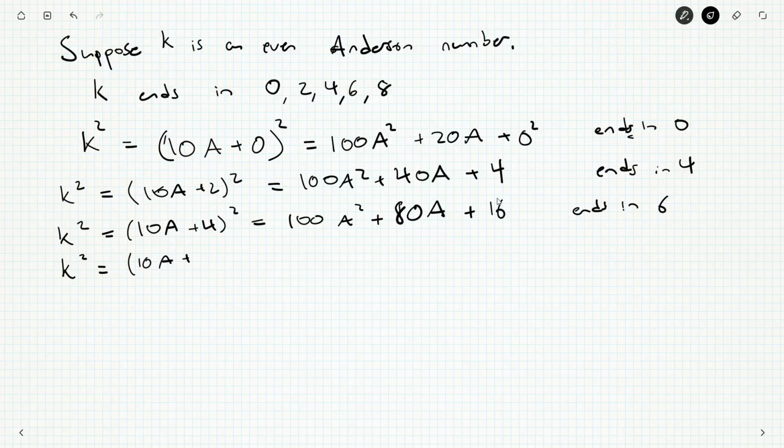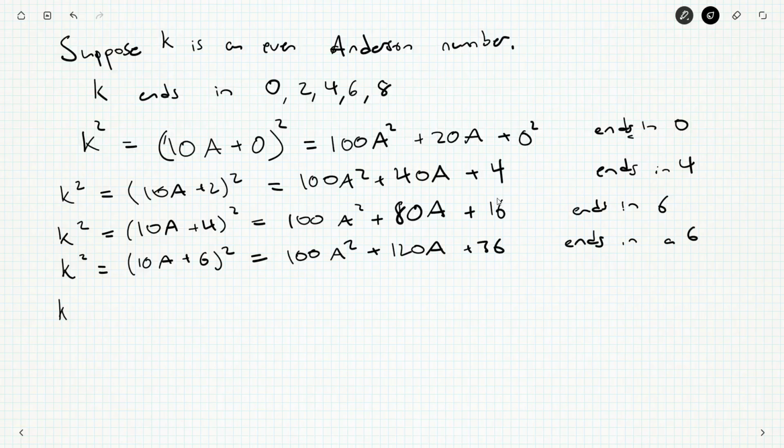So we'll be able to show nothing ends in 0, and I'll probably get lazy and use the exact same argument. But so we put a 6 in there. 2 times 6 times 10, 120a, plus 36. Now this ends in a 6. So an Anderson number could end in 6.